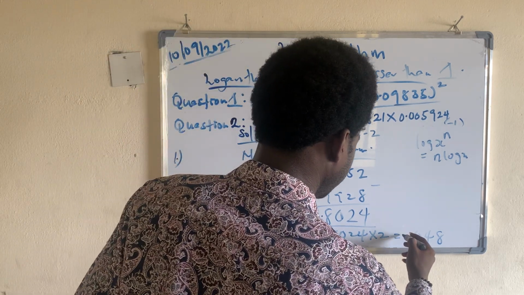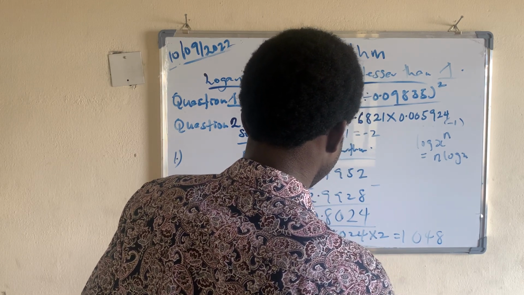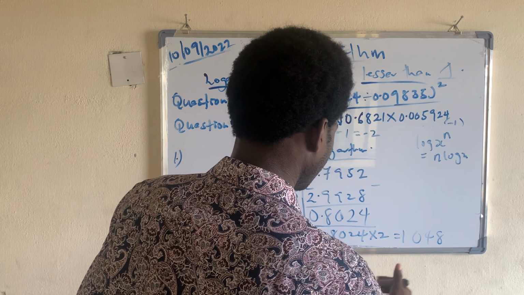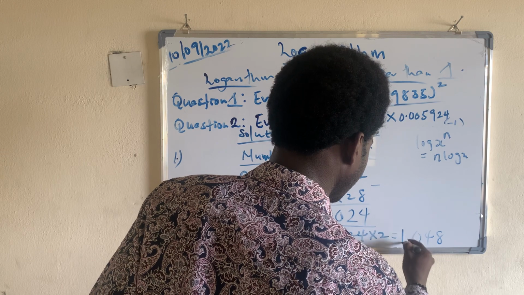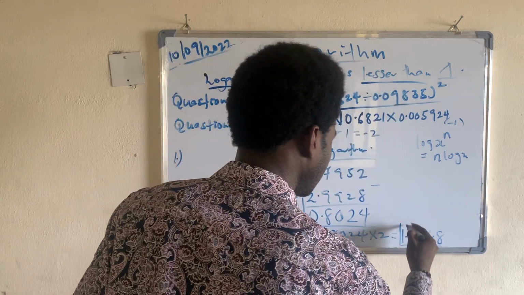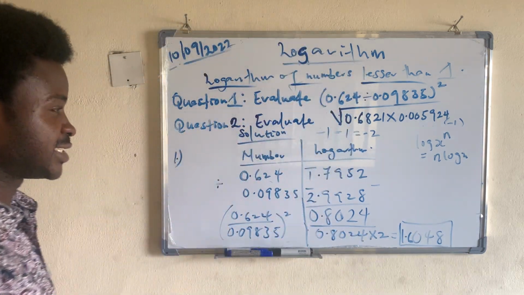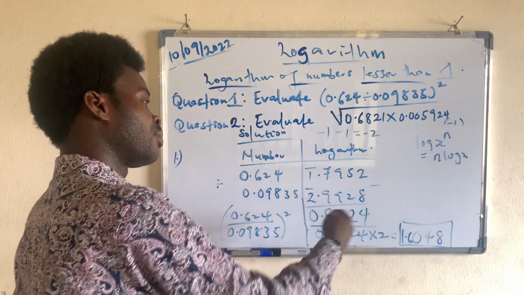So that means I have that to be 16. So 2 by 0 is 0. So implies I have that to be 1 point. This will give me 1.6048. So our result here is 1.6048. So the logarithm of this value is 1.6048.